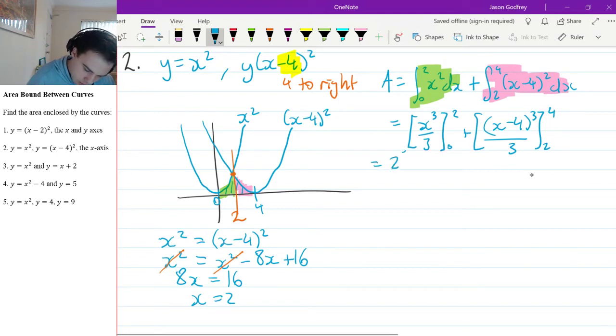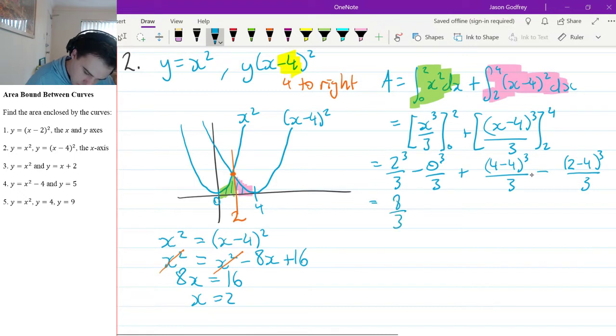So we've got 2 cubed on 3 minus 0 cubed on 3 plus 4 minus 4 cubed on 3 minus 2 minus 4 cubed on 3. 2 cubed on 3 is 8 on 3 minus 0 plus 4 minus 4 is 0, cubed on 3 is 0.